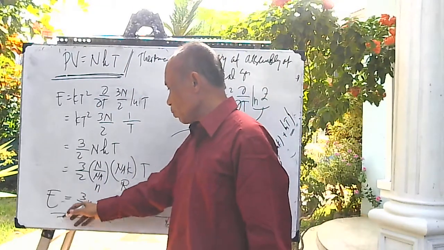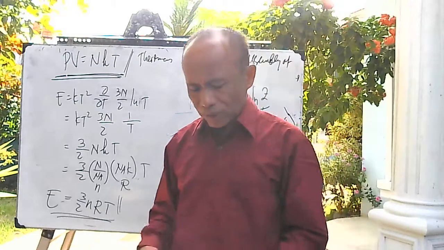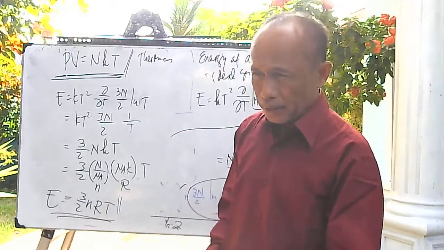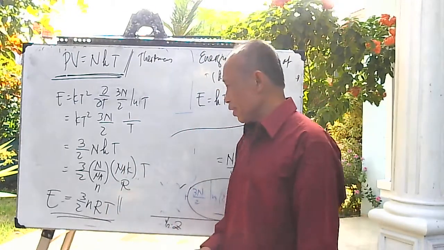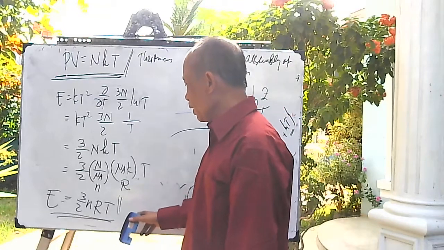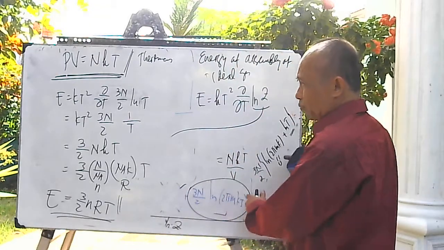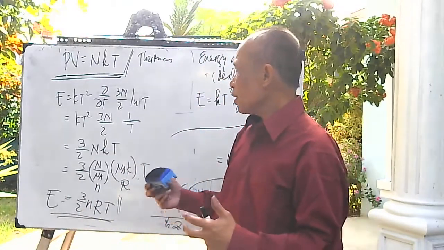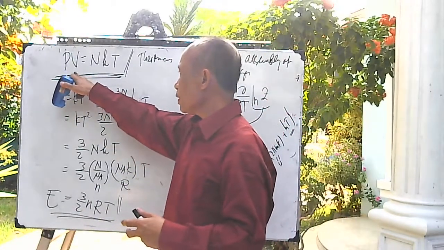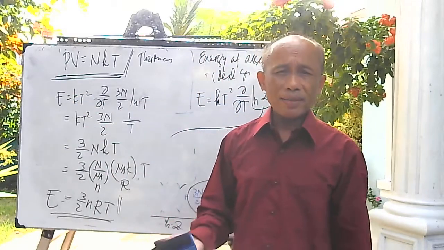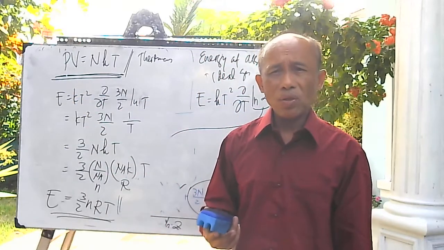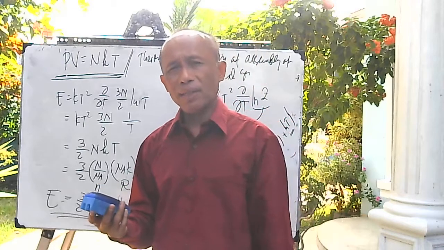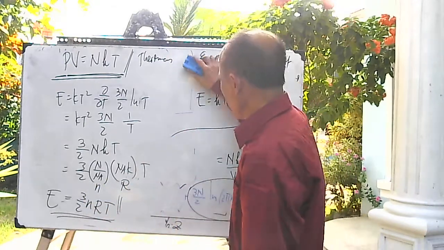We have used this expression in the lecture of thermodynamics at the undergraduate level. So we have obtained for ideal gas the expression; the method of canonical assembly gives the same result as we have learned in thermodynamics or in other lectures at undergraduate level.